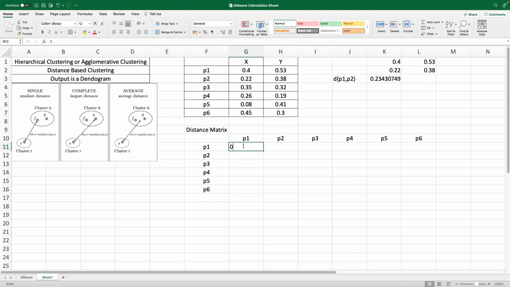Between P1 to P1 is 0, right? Between P1 to P2, we have calculated it as 0.23. Let us round it off to 2 decimals, 0.23.